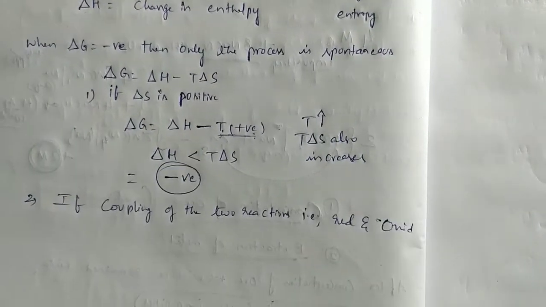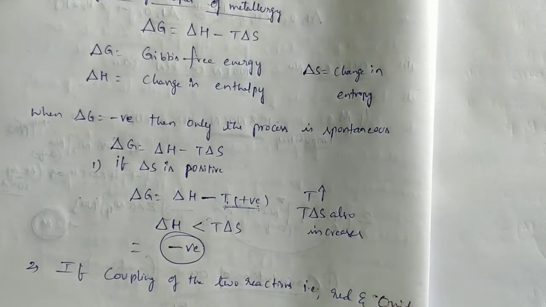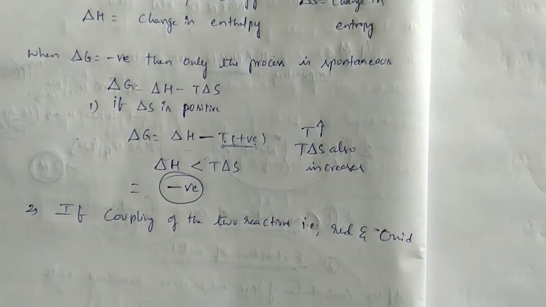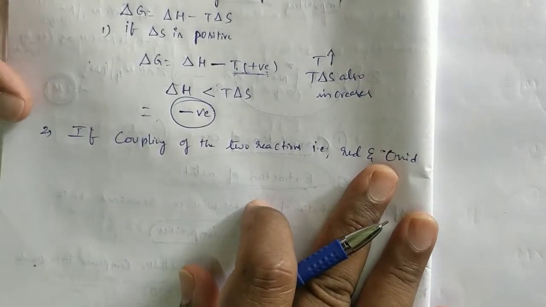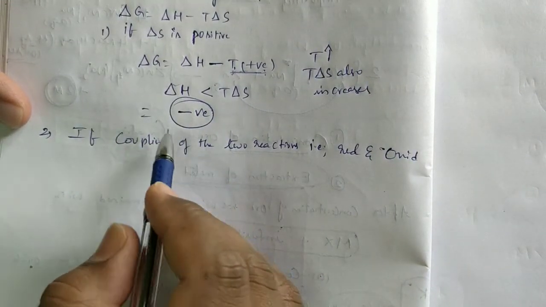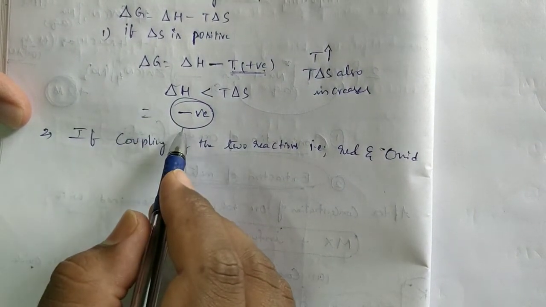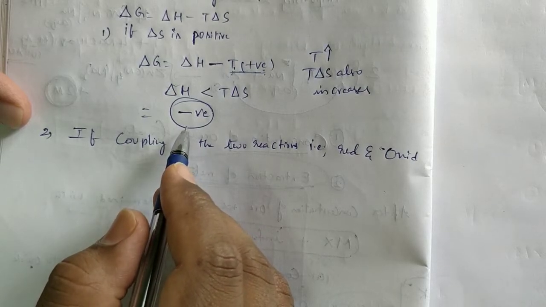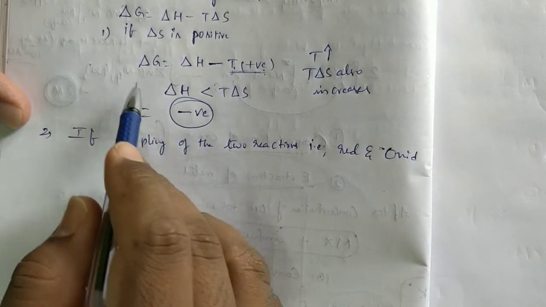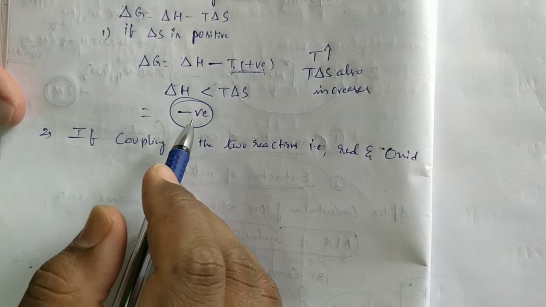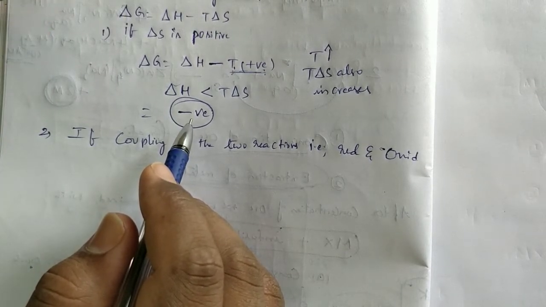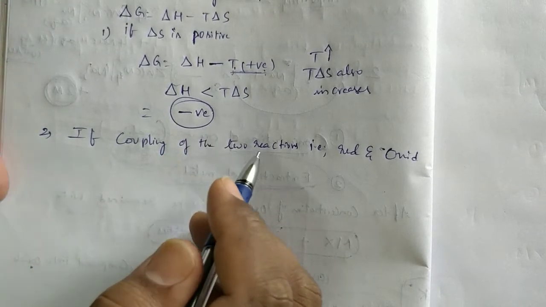Thermodynamic principles of metallurgy: delta G is equal to delta H minus T delta S. And finally we came to one conclusion: if delta G is negative, then the reaction is spontaneous. Like that, in the previous class we came to one conclusion.